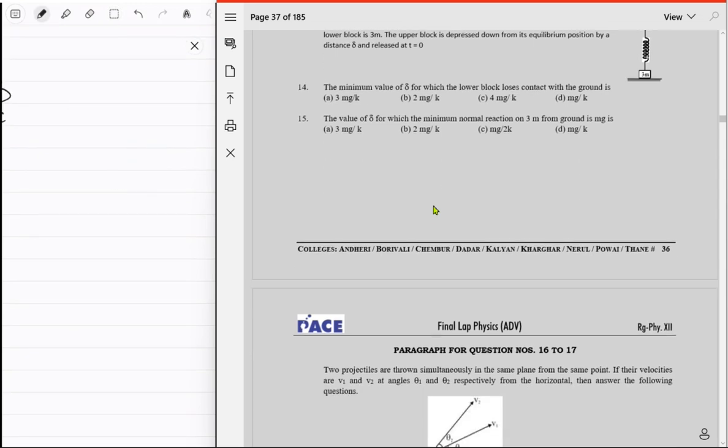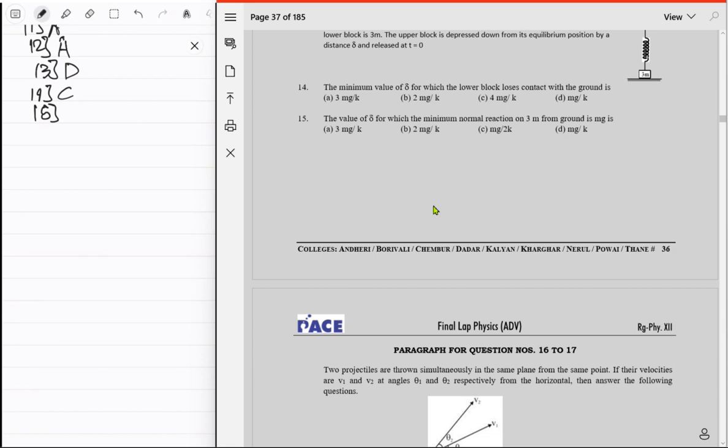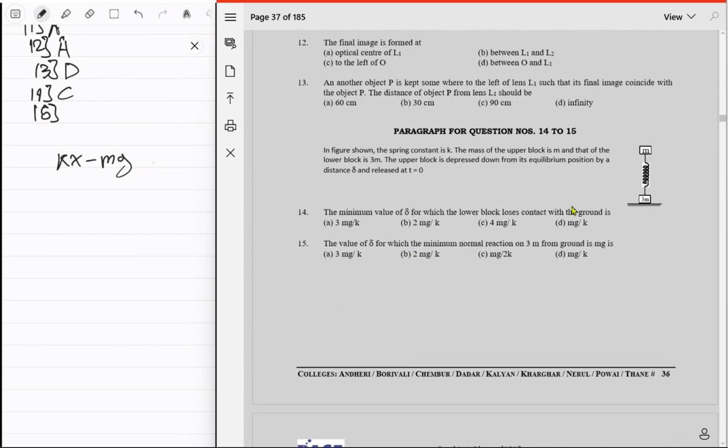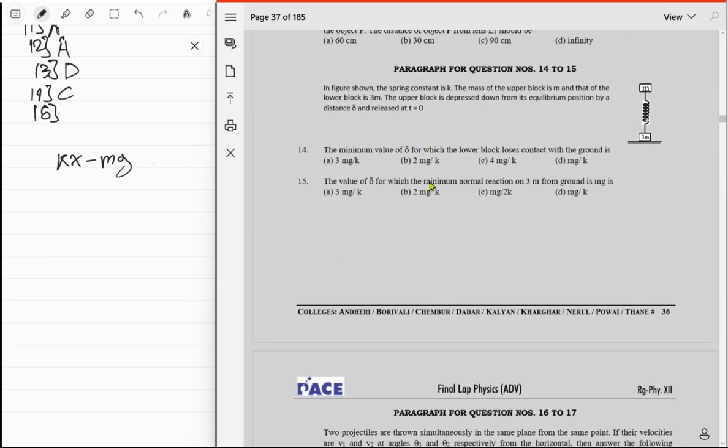15 is the value of del for which the minimum normal reaction at 3 meters from the ground is mg. Minimum normal reaction, once again the same thing: kx minus mg. The minimum normal reaction is going to happen when it is at the topmost point, it's just kx minus mg.